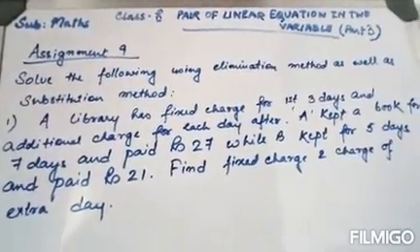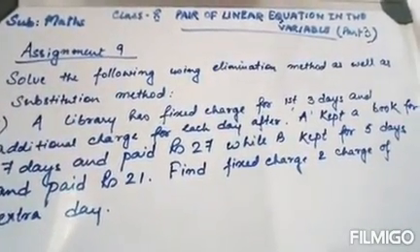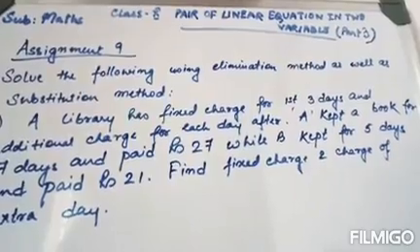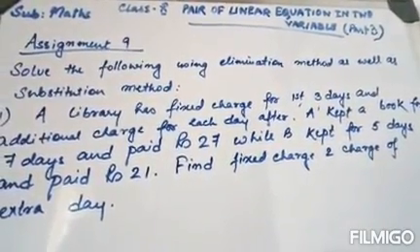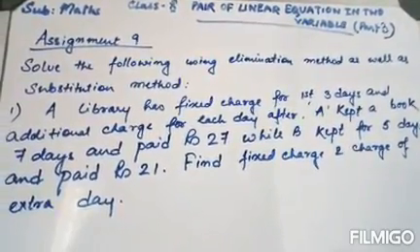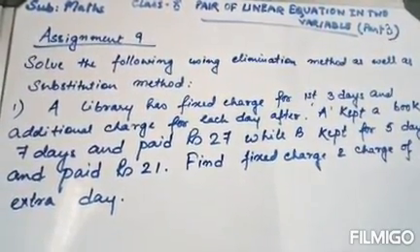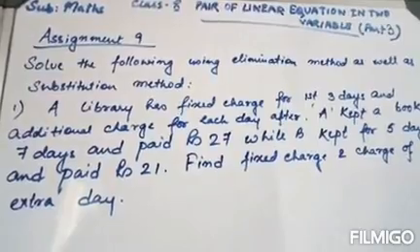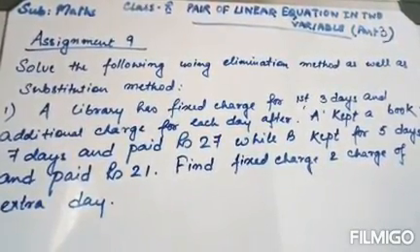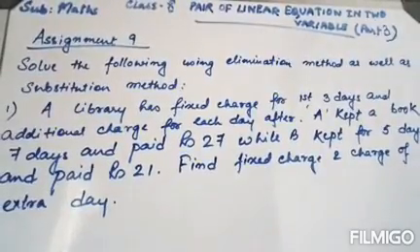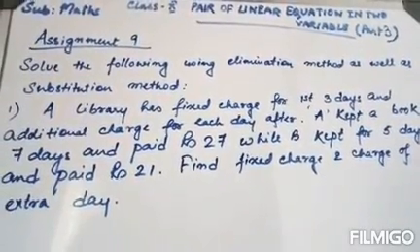One hint is given that for the first 3 days it is always X. For the first 3 days it is X, and for the rest of the days it has an additional charge, which means suppose if the additional charge per day is 2 rupees, then if the person keeps for 3 extra days, it will be 2 into 3, that means 6.